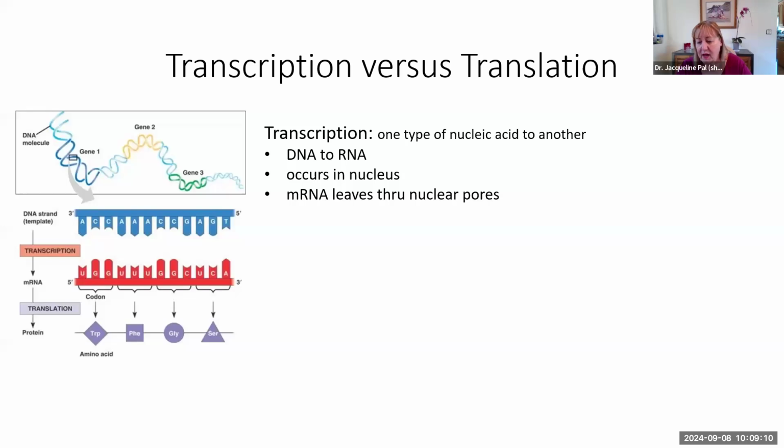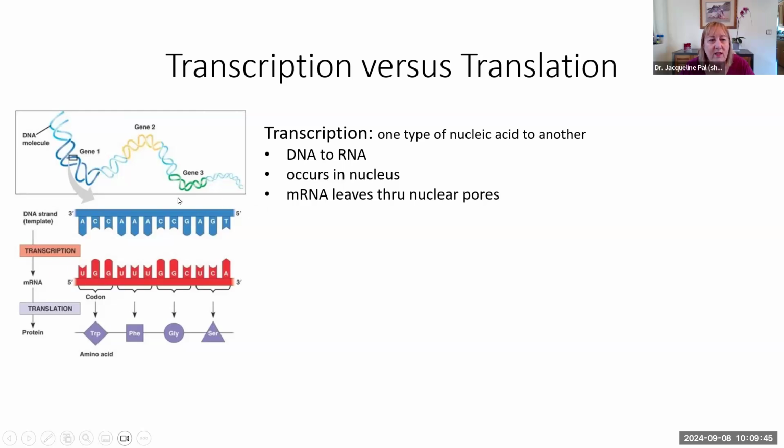So I talked about we're going to have translation, and I talked about transcription. So what basically are the differences between transcription and translation? And not to worry, each of these are multi-step processes, and we're going to go through them in great detail. Even though each of them have three very similar steps, they are tremendously different. So transcription is changing one type of nucleic acid to a different type. In other words, we're going to go from DNA to RNA.